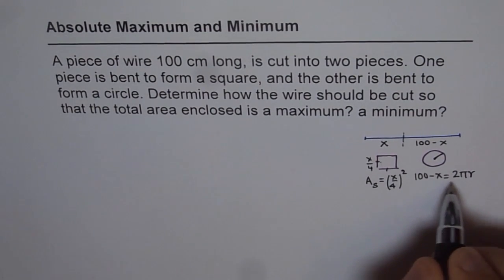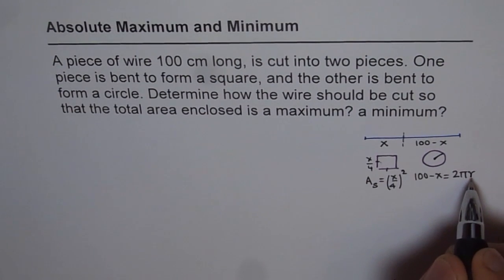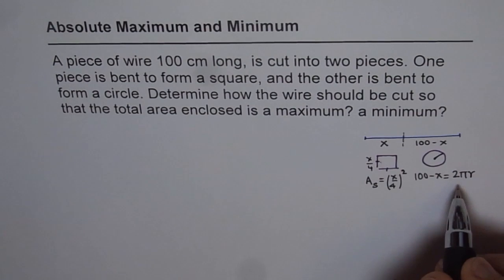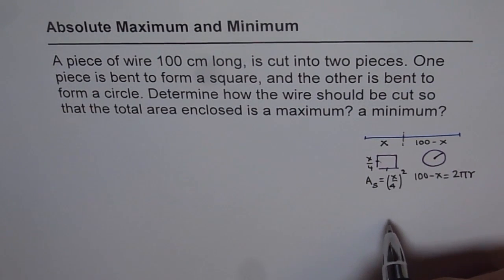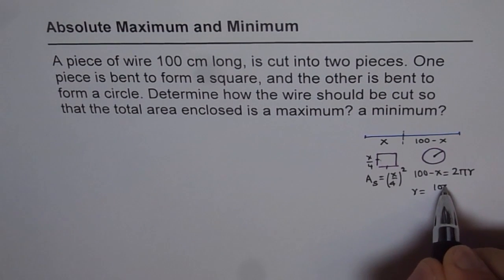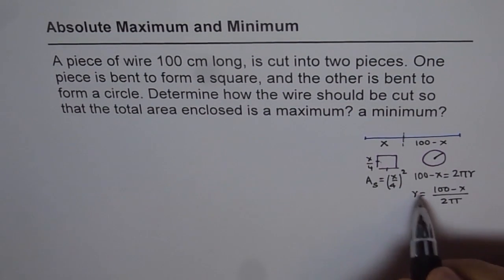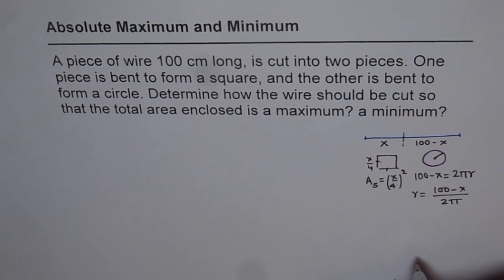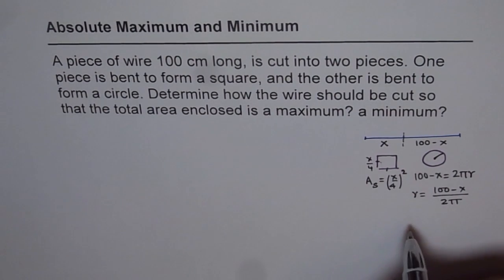Now this equation can relate r with x. So in terms of r, we can write what is x and then later on solve equation in one variable. So we can from here write that r is actually equal to 100 minus x divided by 2 pi. Correct? So we know r, and therefore we know area of the circle, which is pi r square, right?